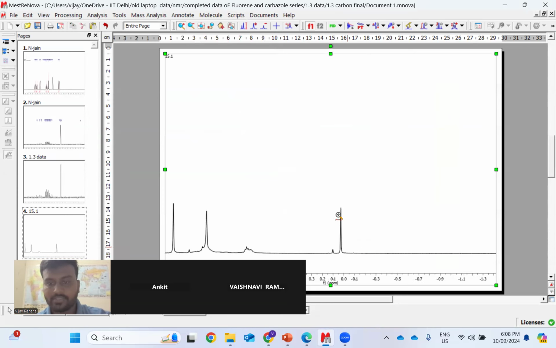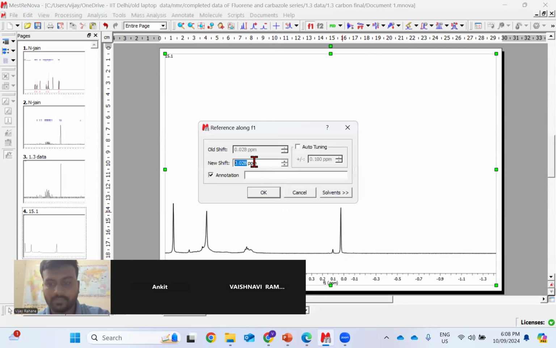At zero, this peak refers to the TMS peak. We generally add this as a standard in proton NMR spectra, 13C NMR spectra, as well as silicon NMR spectra, and we calibrate our spectra with respect to this TMS peak. So I just calibrated this as TMS.